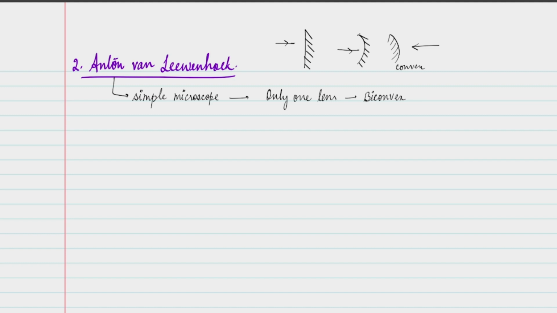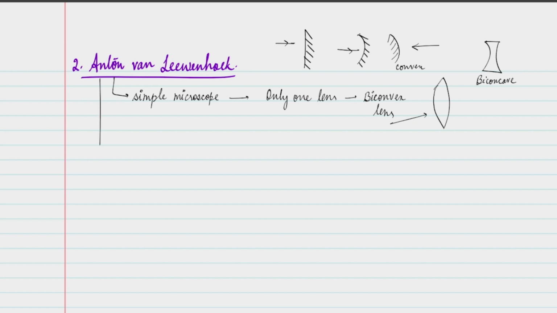This is a convex surface. So for a biconvex lens, how does it look? It looks like this. Both the sides are convex. It could have been like this also. This is known as biconcave. This is biconvex. Biconvex lenses are used in the light microscope.